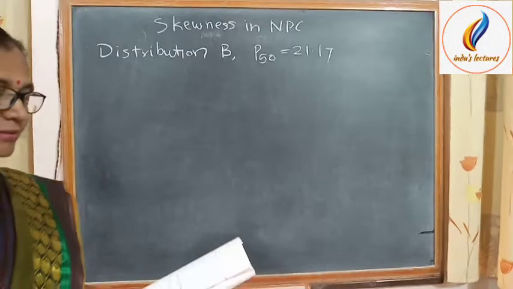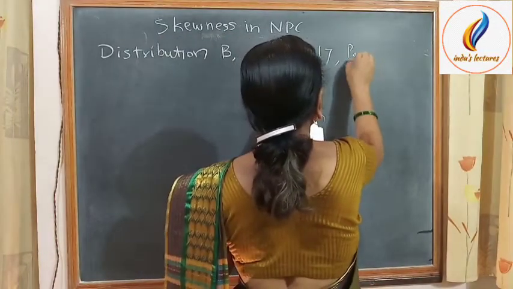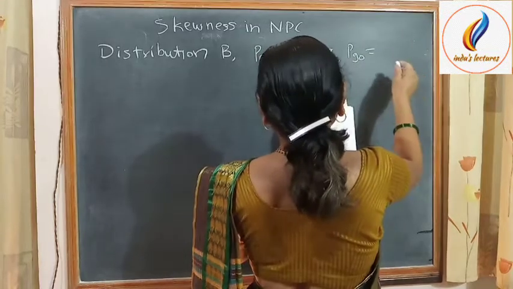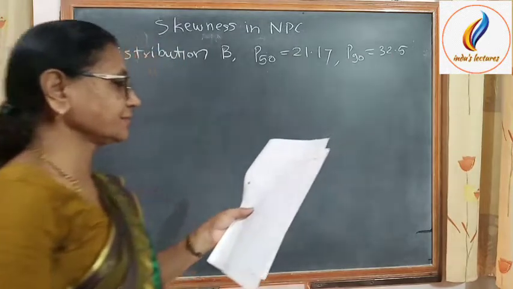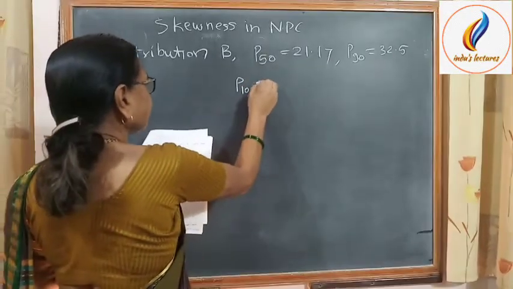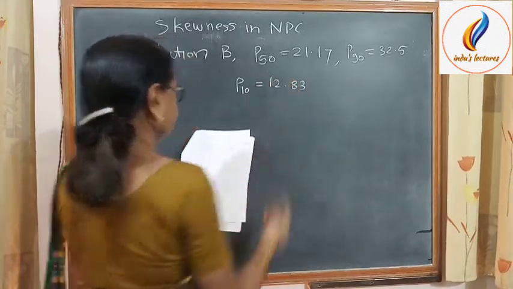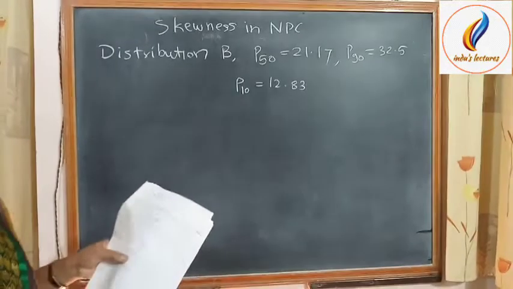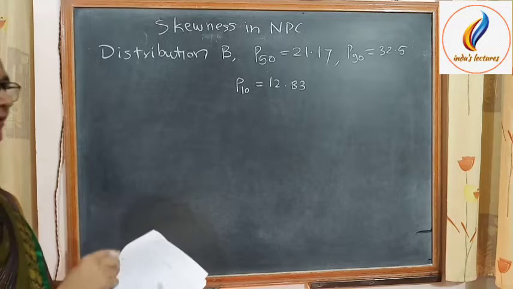P50 means median. P90 is equal to 32.5 and P10, that means 10th percentile, is equal to 12.83.